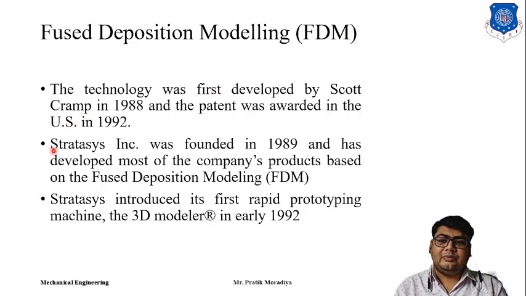They also produce some other products, but they are mainly big contributors in FDM technology. This company was founded in 1989 and developed most of the company's products based on FDM itself. They introduced their first rapid prototyping machine, the 3D Modeler, in 1992.